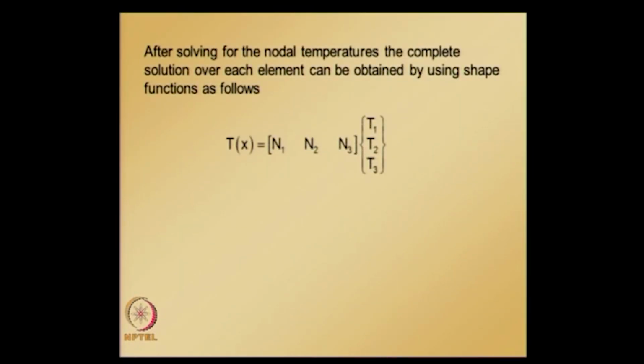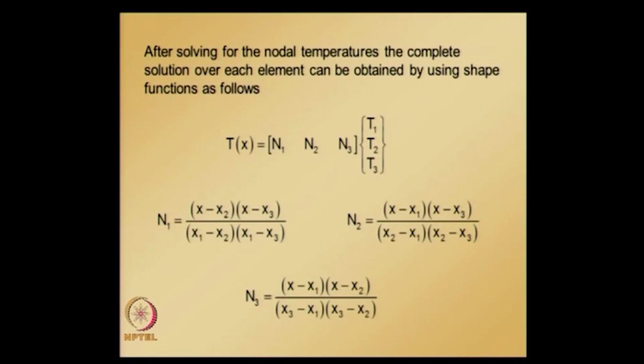After solving for nodal temperatures, the complete solution over each element can be obtained using shape functions, just interpolation using shape functions once we know the nodal values of temperatures.